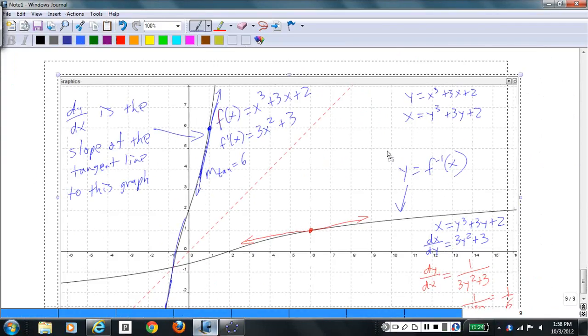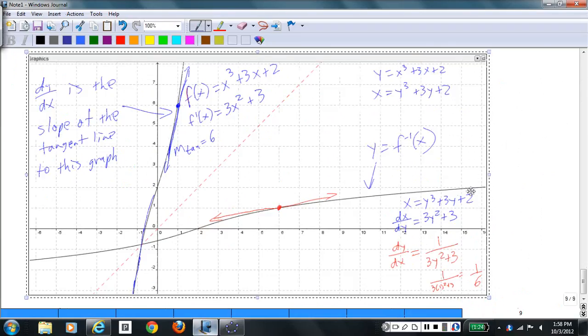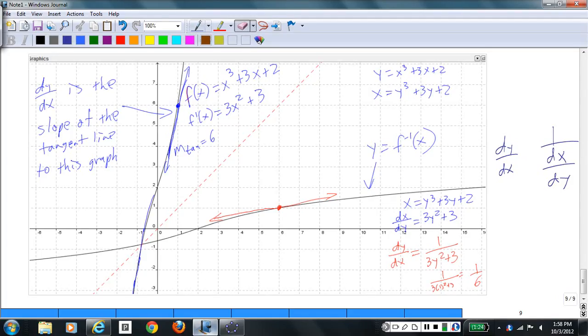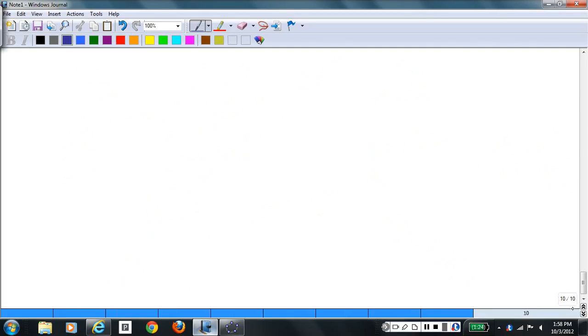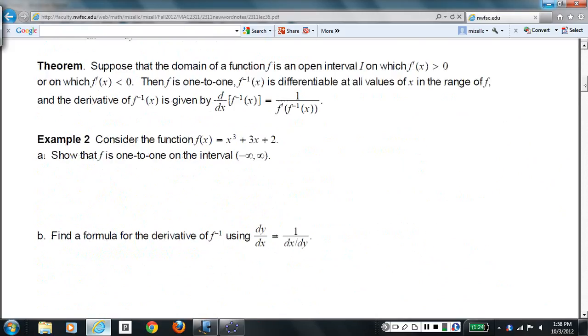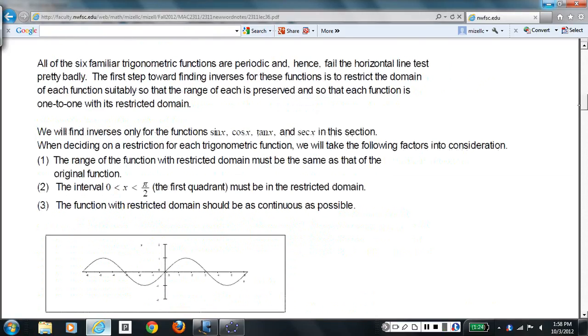So I want to take that, and the fact that dy/dx equals 1 over dx/dy, and go from there and see if I can find a derivative of an inverse trig function. Now, if you look through, basically we did example 2 there.